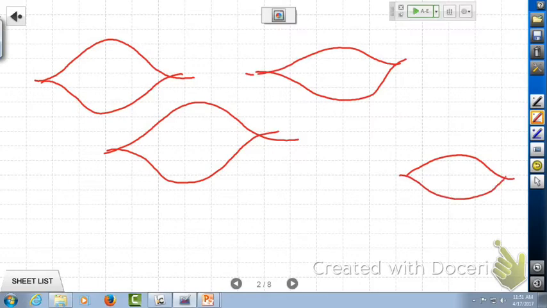So if that's where the maximum is, let's try and draw it carefully.